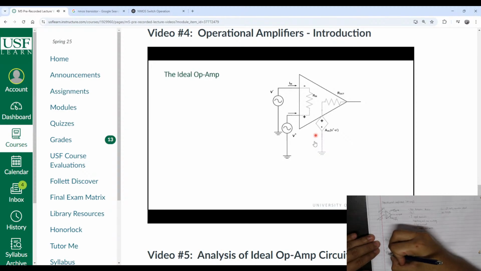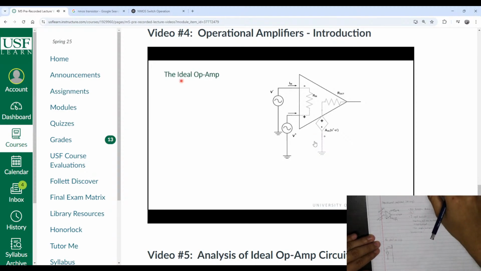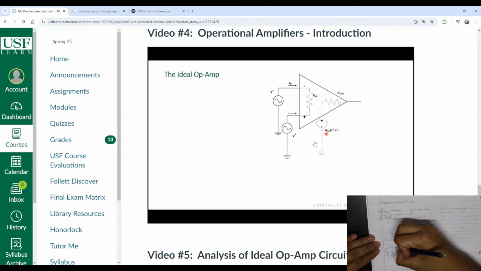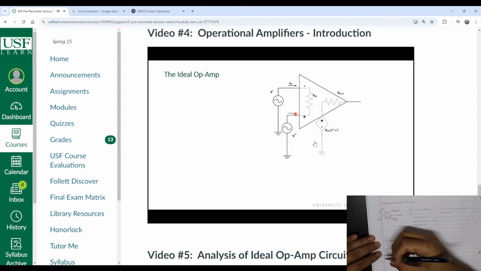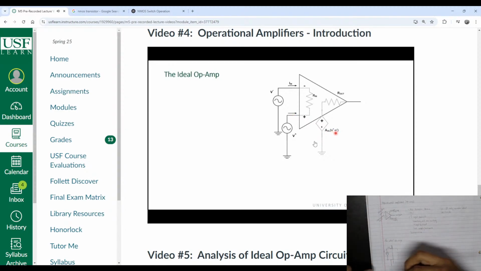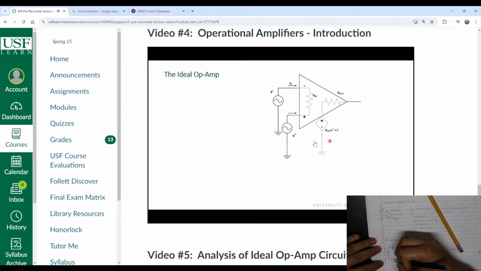So with the addition of this input resistance, this output resistance, and this voltage controlled voltage source, we're going to discuss the properties of what we call the ideal op-amp. Before we move on, notice that this voltage source has an output equal to A subscript OL. OL stands for open loop, and A is a voltage gain, times V plus, which is the voltage that appears here, minus V minus, which is the voltage that appears here. So basically, the op-amp is what we call a differential amplifier.